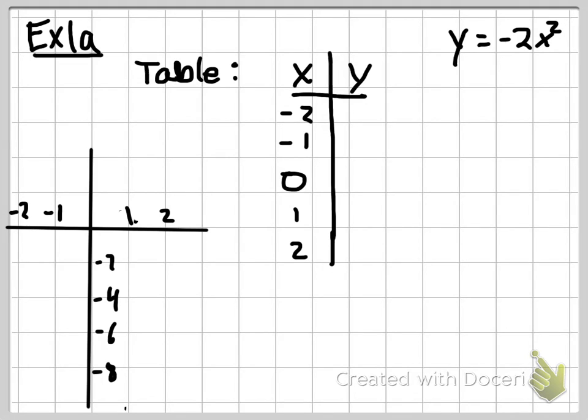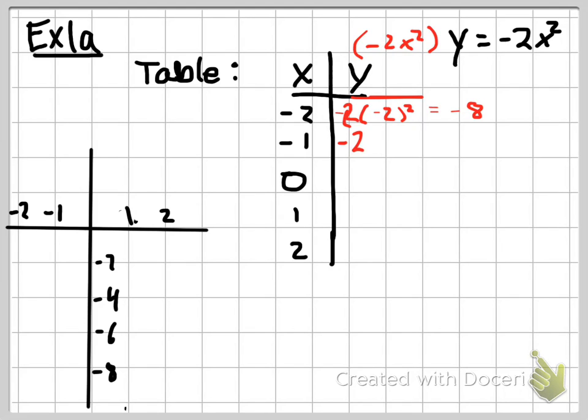Alright, you should have written out negative 2x squared as your y. That's what you're going to be plugging in. You need to be showing your work for that. So negative 2 for x. We'll plug in negative 2 times negative 2 squared equals, negative 2 squared is 4 times negative 2 is negative 8.